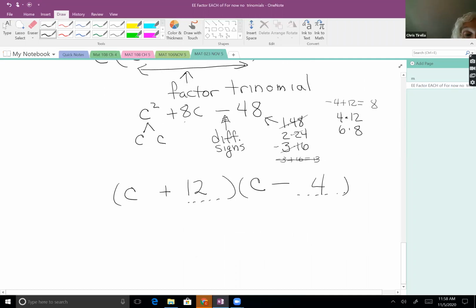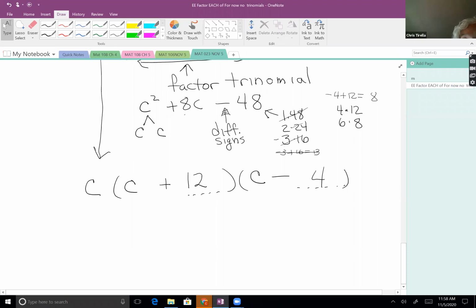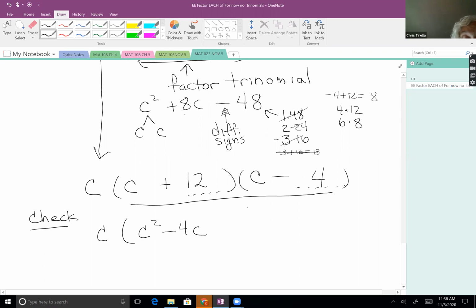For my final answer, this common factor of C can't get lost. So I'm going to put that C in front. And so when I do my check, multiplying these two first gives me first C squared, outer minus 4C, inner plus 12C, last minus 48.